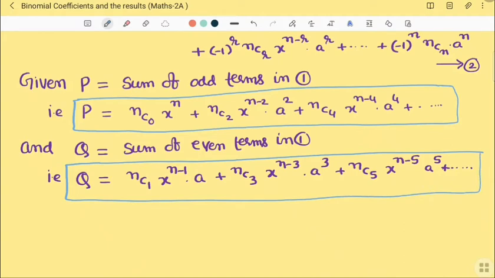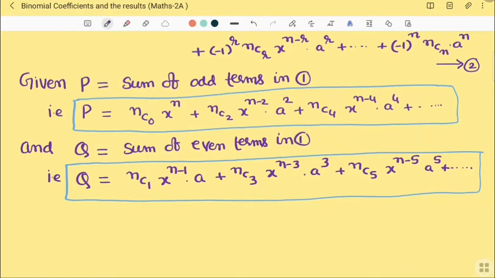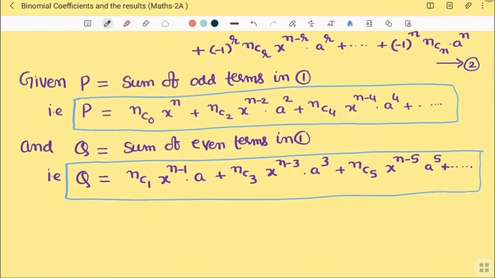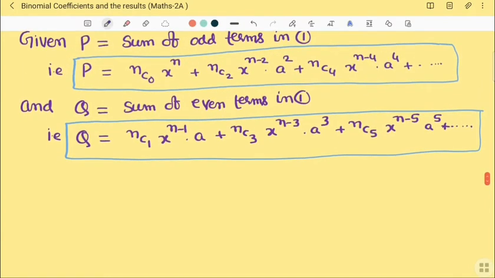After writing the values of P and Q, next, see equation 1. If you add P plus Q, why are we adding P plus Q? In the answer, P² − Q² is there in the first question. How to get P² − Q²? (P + Q)(P − Q).